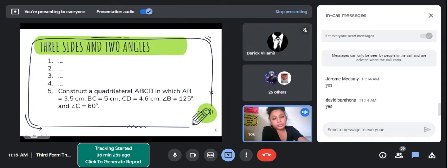Number five says construct a quadrilateral ABCD in which AB is 3.5, BC is 5, CD is 4.6, angle B is 125, and angle C is 60 degrees.